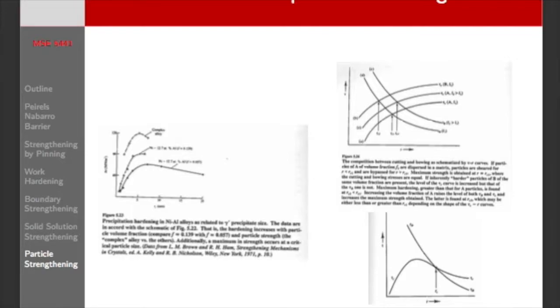And this will be very important when we talk about aging in aluminum alloys starting next week. Because if we overage, we grow our particles too big, and we weaken our alloy. If we underage, our particles are too small and they're too easy to cut. So you want to get it just the right amount, so you've had time for your particles to grow, but not grow too big, so that you weaken your alloy.